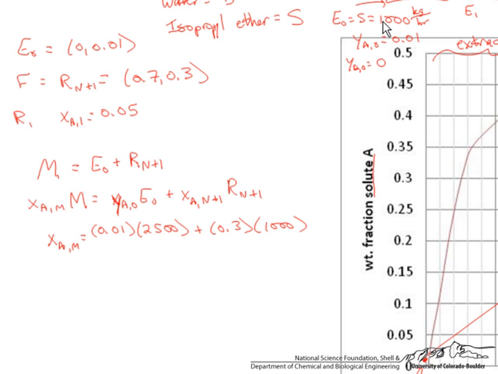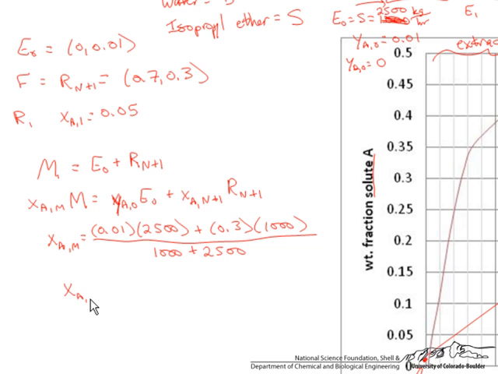Oh, I said the solvent is 1000. Whoops. The solvent is 2500. Sorry about that. And we divide it by the mixture, which is going to be 1000 plus 2500.